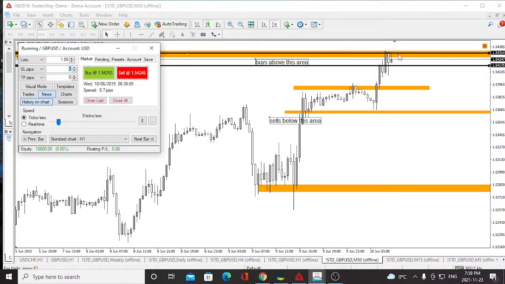So those are things that I have to avoid doing, and things that I have to look out for and be on top of. So this is still my paper trade.